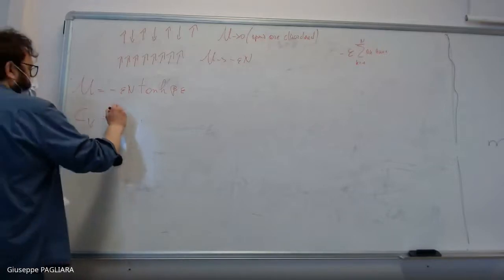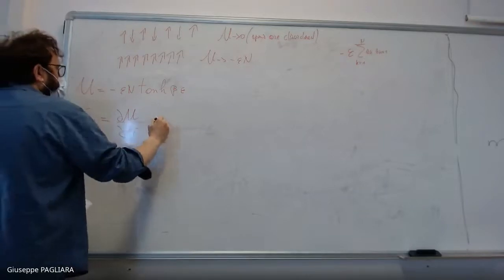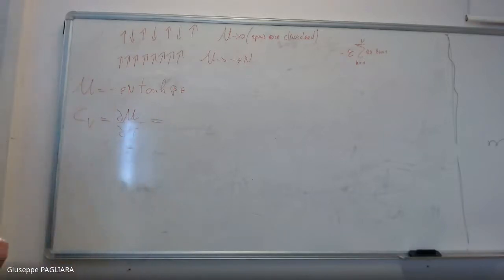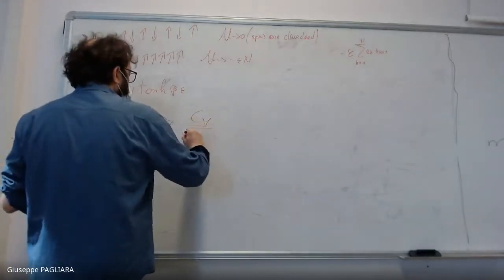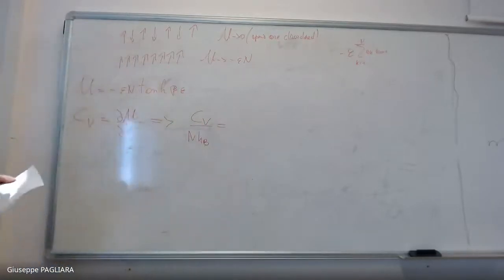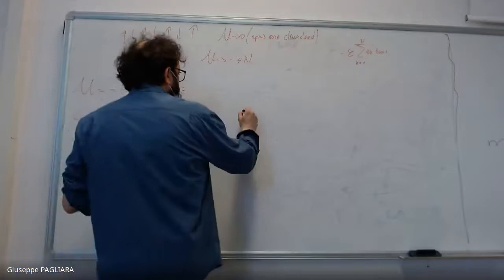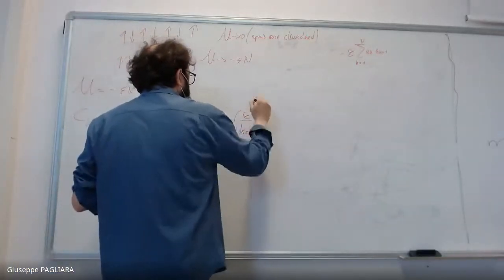So this is, sorry, the derivative of U with respect to the temperature. And here just take these derivatives with respect to T, and you will get that C_V divided by N k_B, in order to have a dimensionless quantity, is equal to epsilon divided by k_B T squared.